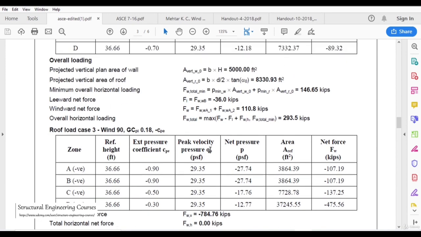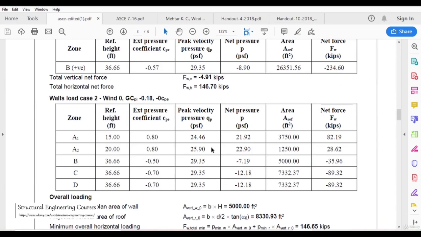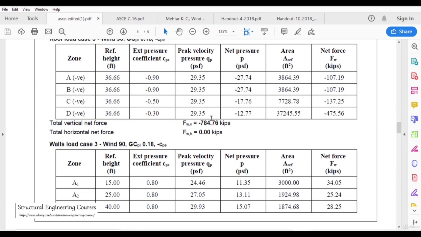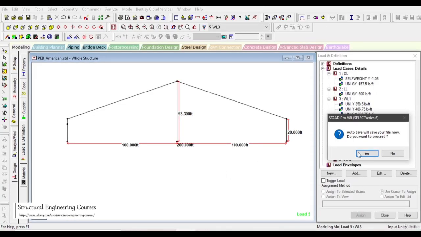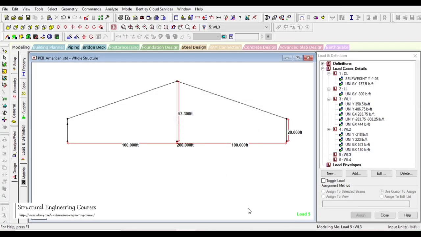So for wind load case 3, we need to take the C and D values, that is 17.76 and 12.77. We can multiply 17.76 into 25, so it comes out to be 444, and it is acting away from the structure.